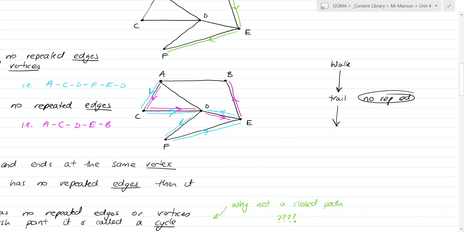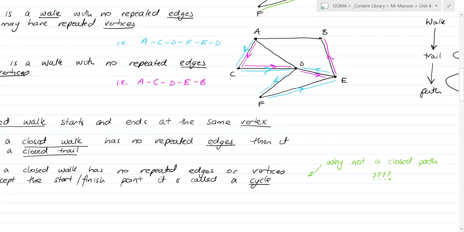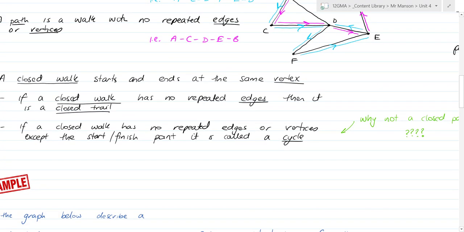And so to get from a walk to a trail, that's what happens. And a path is a trail with no repeated vertices. So just keep that in mind. That's another way of looking at it. Any questions?